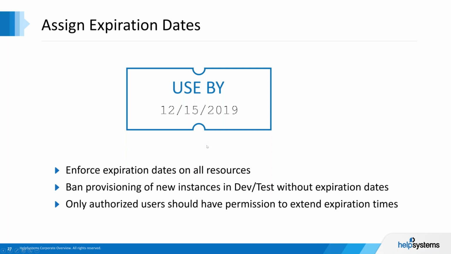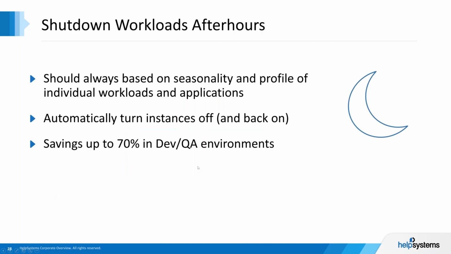Shutting down workloads after hours sounds like a simple recommendation, but it's actually not used that much. It's very easy to automate. Unless it's 24/7, there are times when you don't need to have certain instances up and running, and they're going to cost even though they're not doing much.